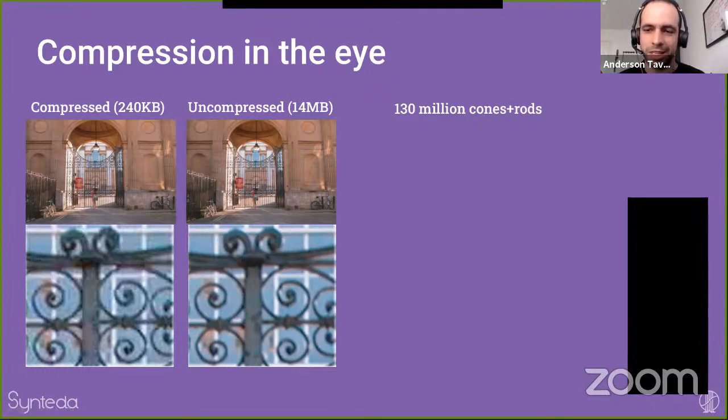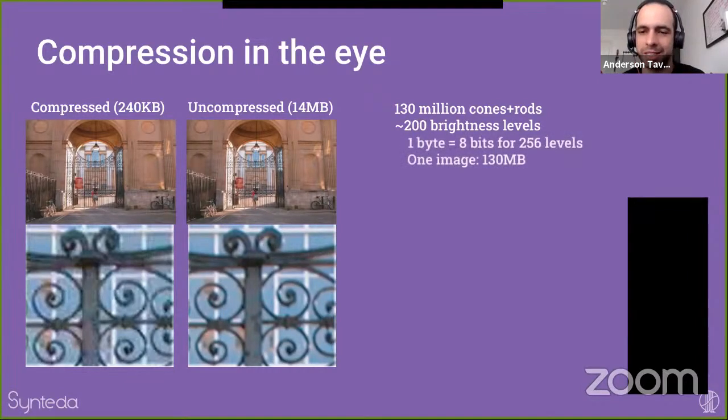So if we do some calculation here for the eye, suppose we have 256 brightness levels. It means that just 1 byte is enough to represent those levels, because 1 byte can represent 256 levels. It means that one image stores 130 megabytes, so the eye sends 130 megabytes to the brain, which is a lot.